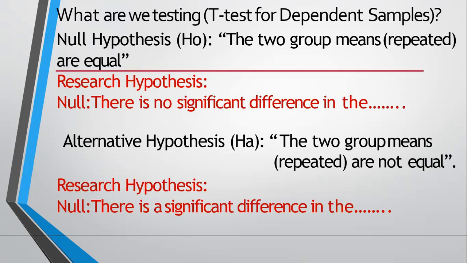So, alam nyo na, again, pag null, there is no significant difference in the ganyan, ganyan, ganyan. In DDC format, we do not use alternative hypothesis. So, sa null hypothesis lang tayo. 5 points din yung mga hypothesis ha. So, dapat alam nyo kung paano gumawa ng null hypothesis.